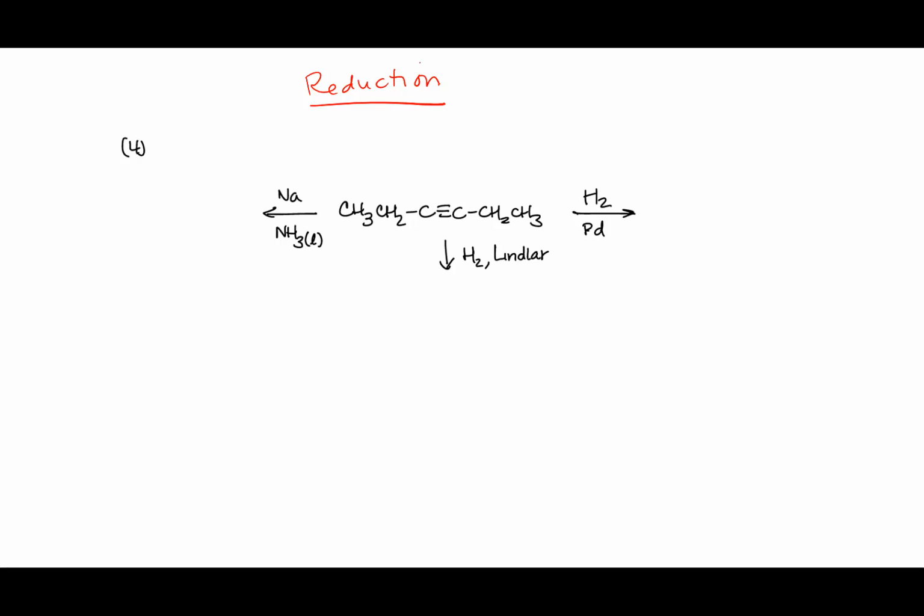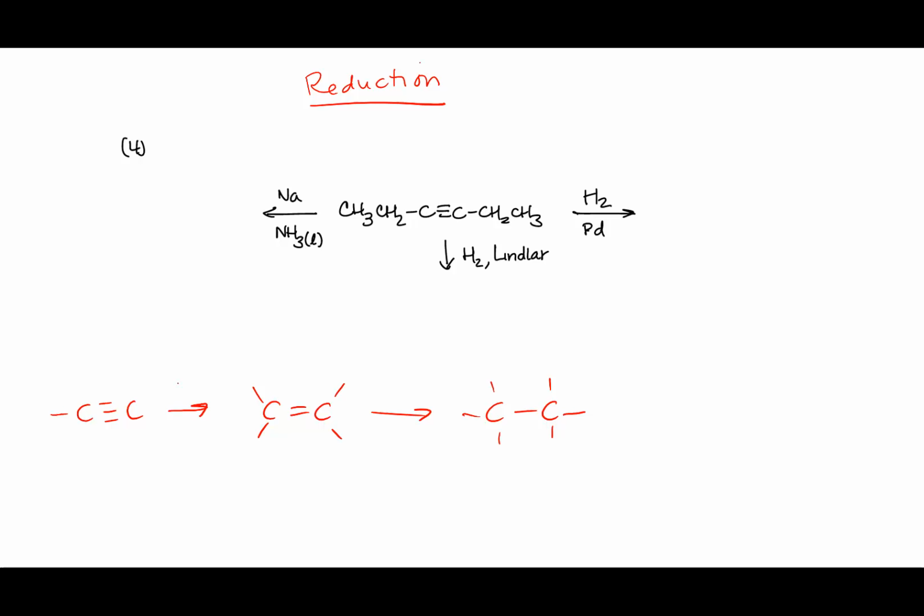So in this case, the triple bond has a slight twist to it. If you start with a triple bond, you can reduce it down to a double bond, and then you can further reduce the double bond to a single bond.